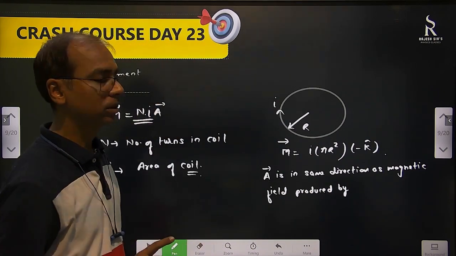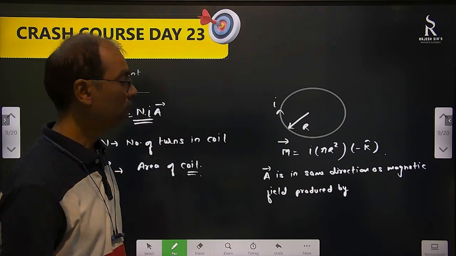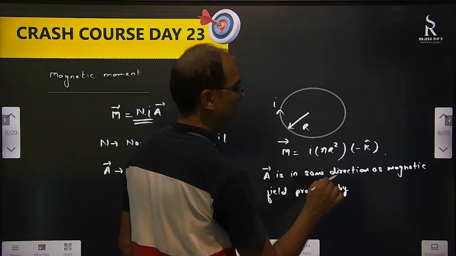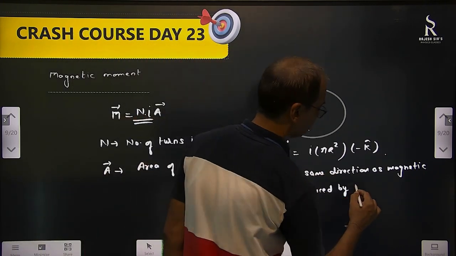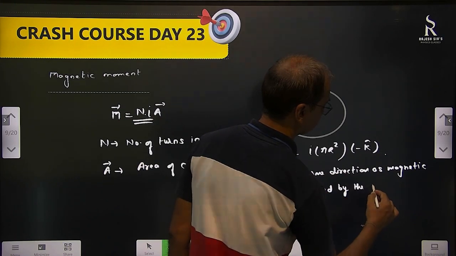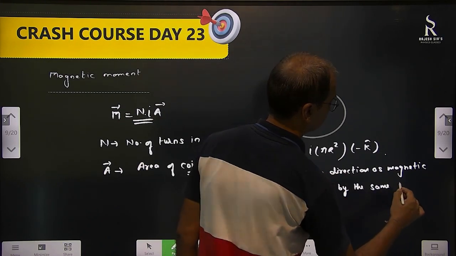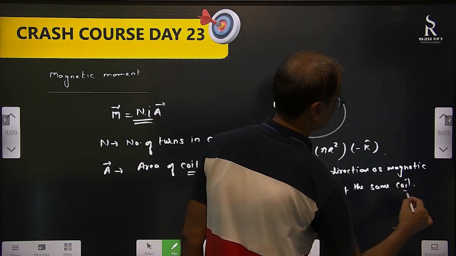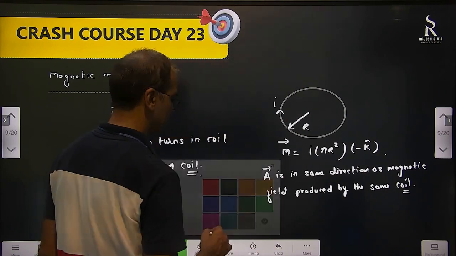You should not take the external magnetic field's direction. Okay, so A is in the same direction as the magnetic field produced by the same coil. This is an important point. Okay, this point is important.